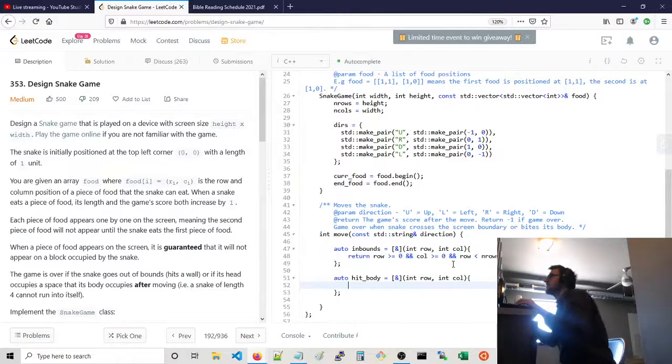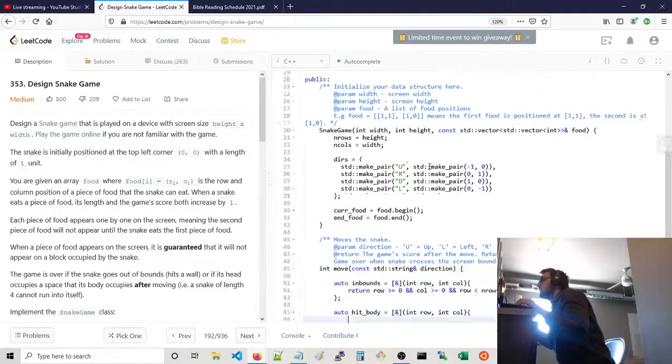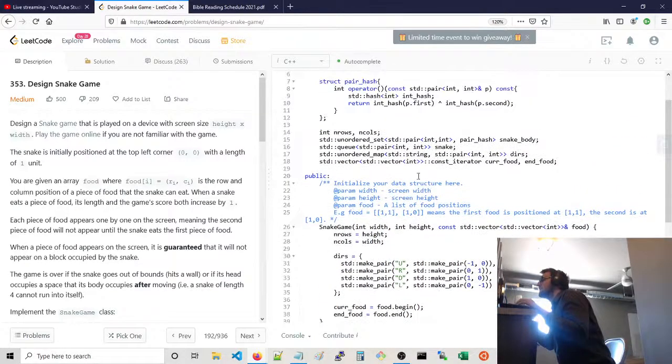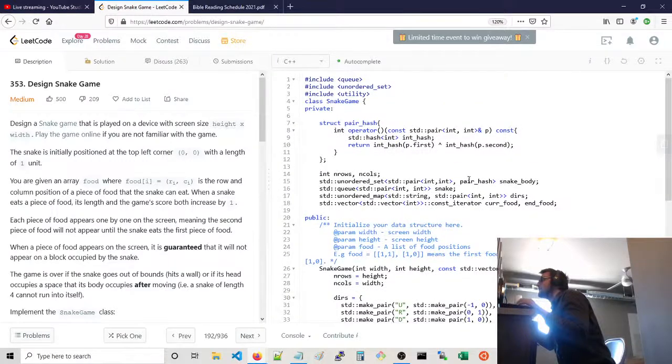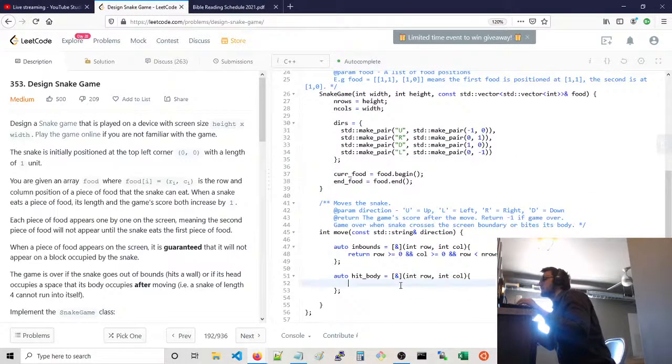We'll say snake body, return snake body dot count of std make pair of row, column.